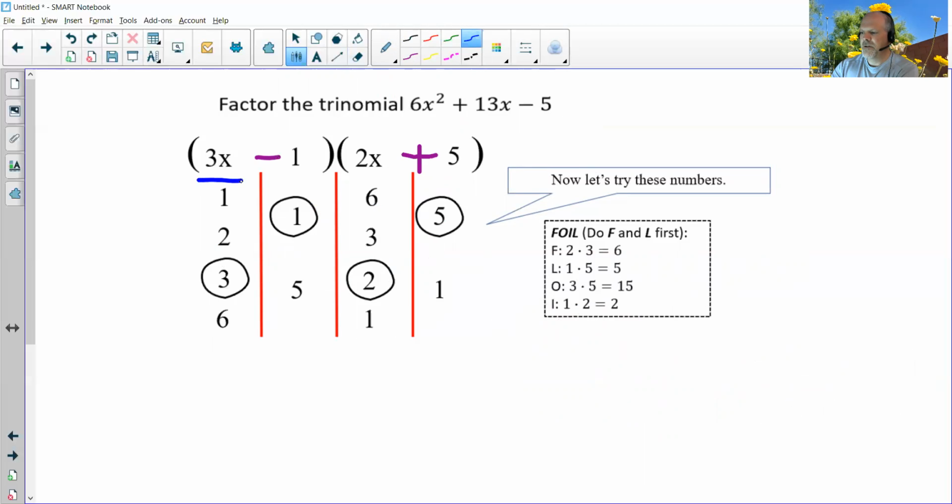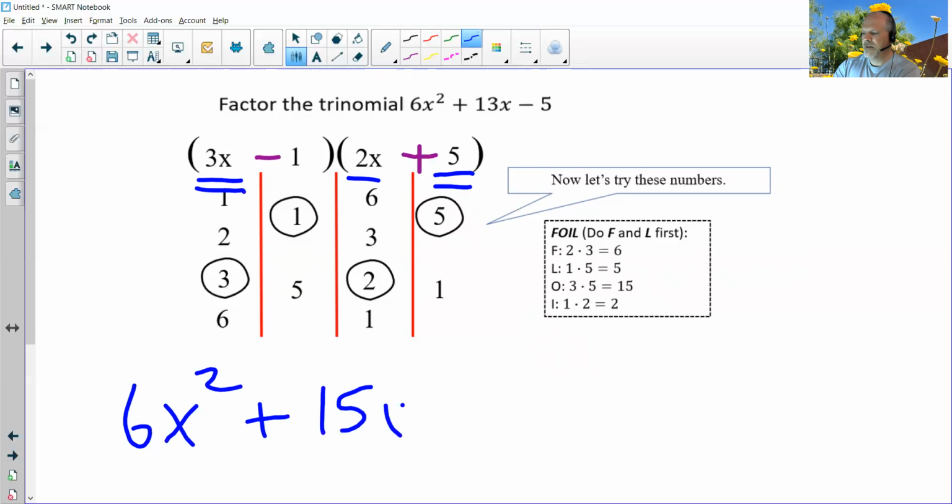Let's do first times first, 6x squared. Outside times outside gives me plus 15x. Inside times inside gives me minus 2x. And last times last gives me minus 5.